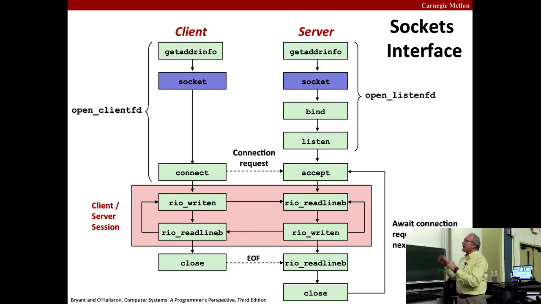The top level call, called getaddrinfo, is the way it initiates things and does the lookup to map from a domain name to an IP address. So we'll cover that later.